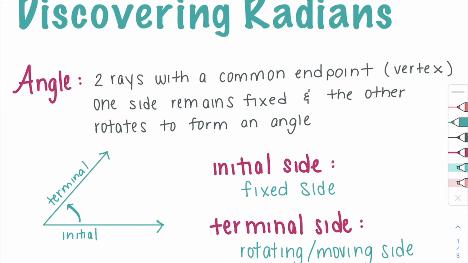So sometimes they'll call it the fixed side, sometimes they'll call it the initial side, sometimes they might say terminal side, or they might just give you the angle, but all of those words are just talking about the different sides of the angle.